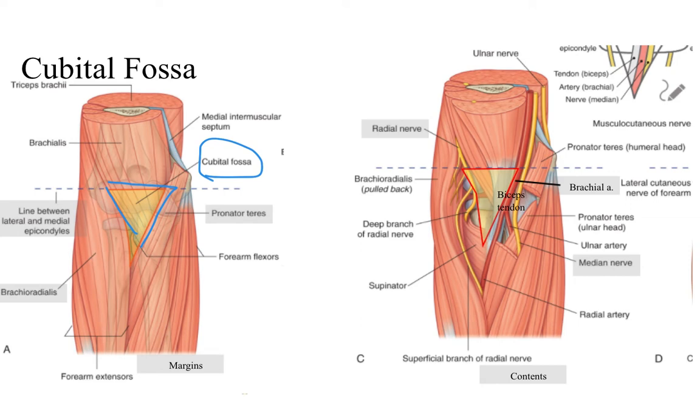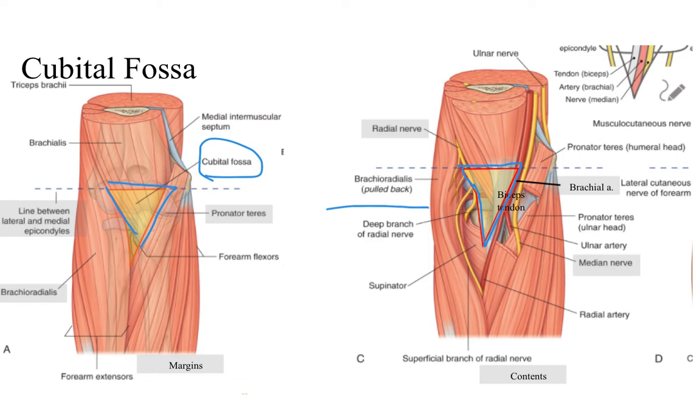All right, so if we look over on this side right here, I've outlined the cubital fossa in red. It's not a perfect triangle, so there's a little bit of a deviation in the formation of it, and that is due to the way the muscles course. So it's going to be slightly different from person to person, but generally a triangular shaped region.